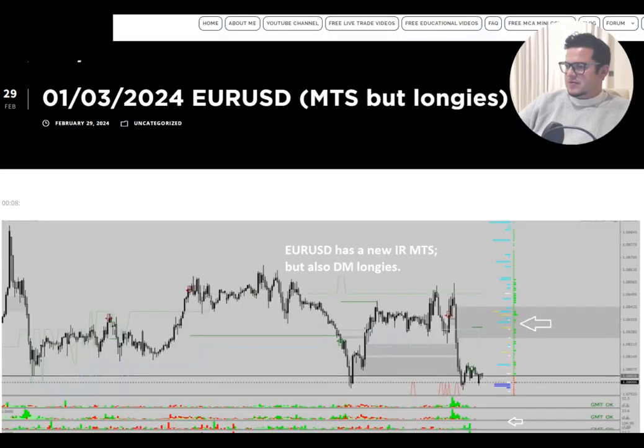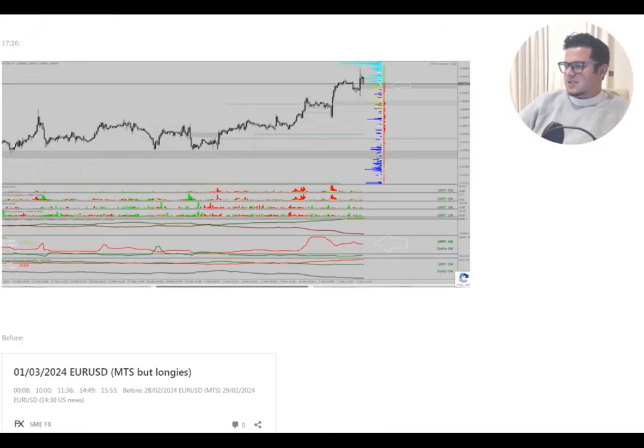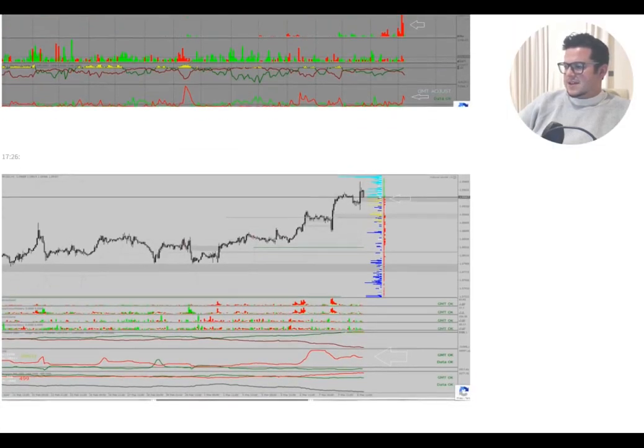All right, improving your timing with more and more experience. And as you can see, it's not difficult to collect pips by being on the right side and by avoiding being on the wrong side, getting stop hunted, getting position hunted, getting squeezed, etc. Okay, it's literally that simple.